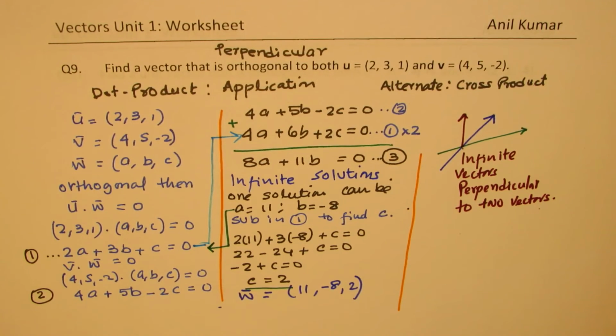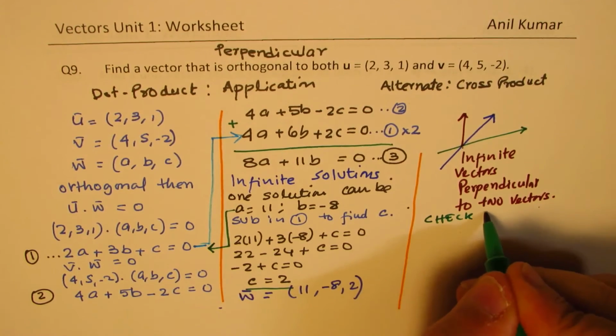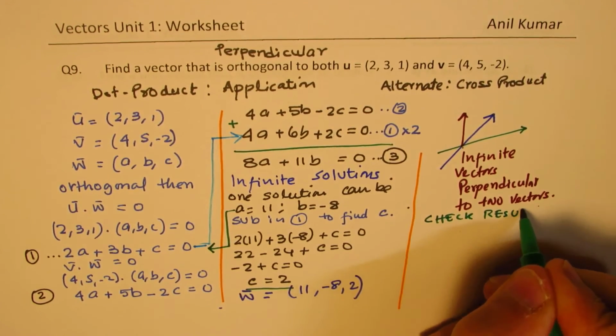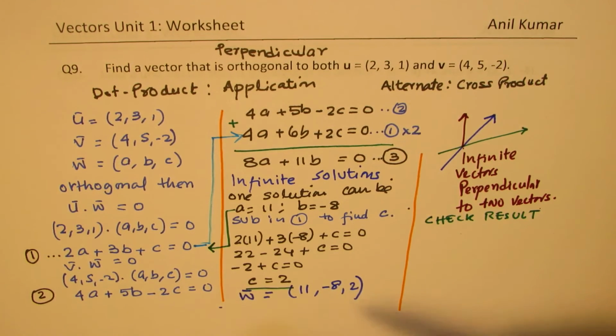Now it is a good idea to check the result, right? So, do we have the right result? So let's check and test. It is important for you to understand that we got one answer. There could be many. Let us at least test, right?